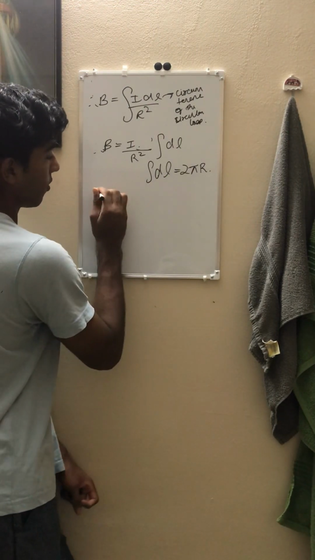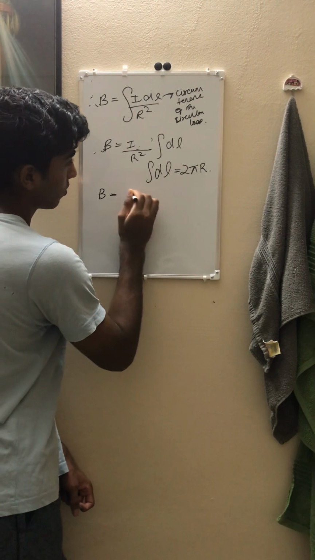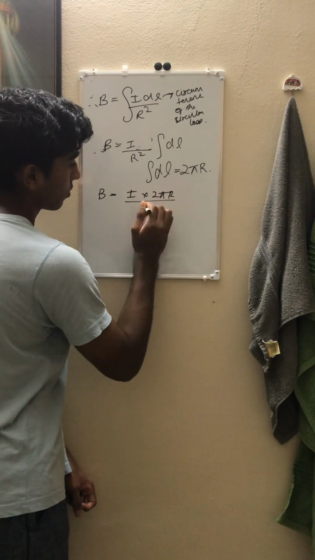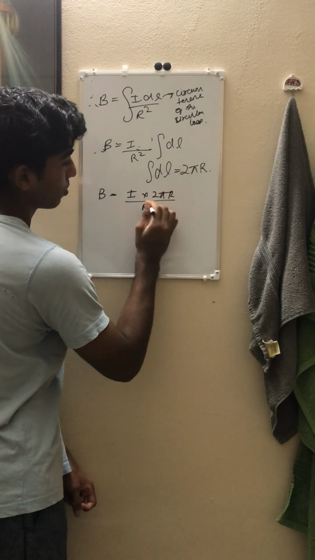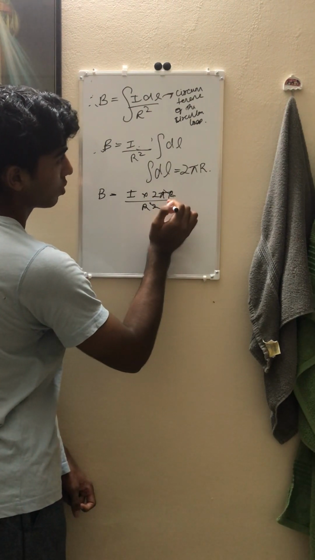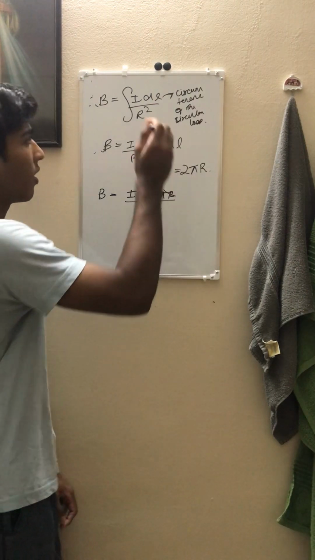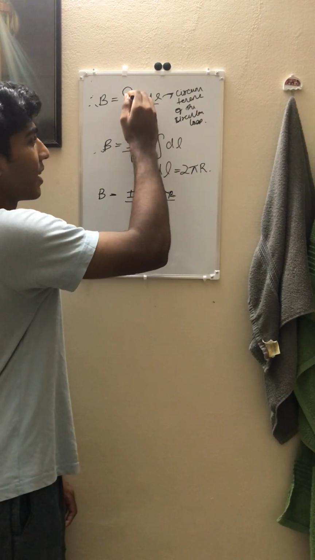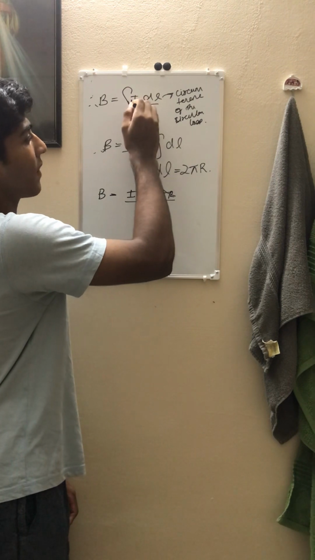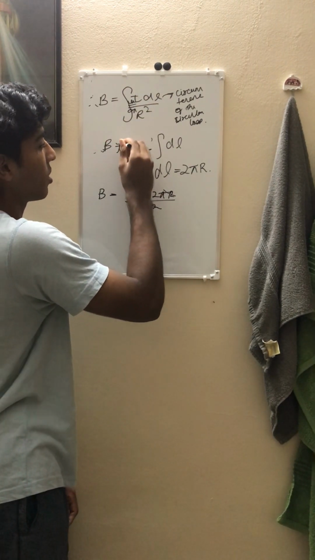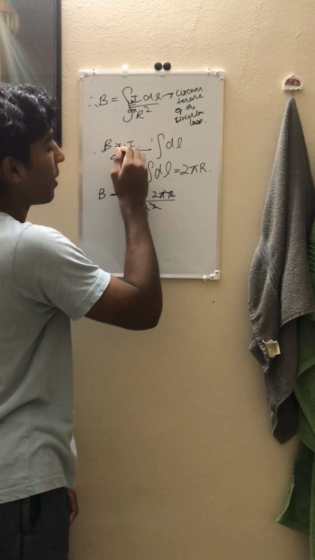So I'm going to substitute the value. Am I missing something, guys? Yeah, I am. Where did mu 0 by 4 pi go? I forgot about that, guys. Mu 0 by 4 pi is also there.